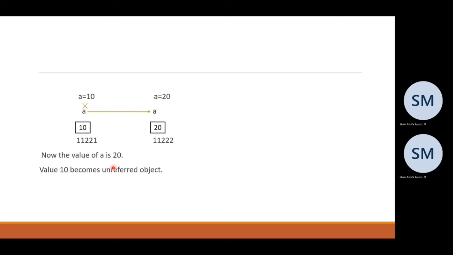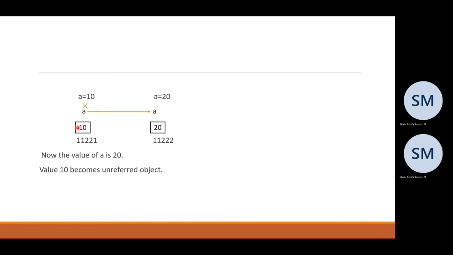Now the value of a is 20, and value 10 becomes an unreferred object. That is, there are no variables tied to it, pointing to it or tagged to it.